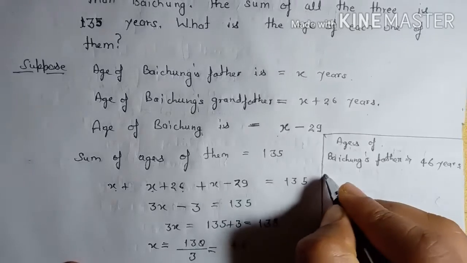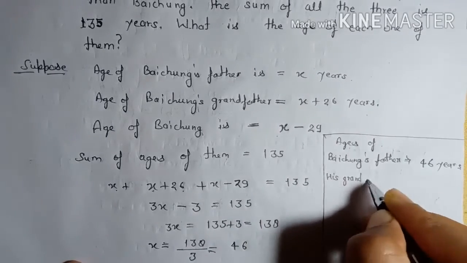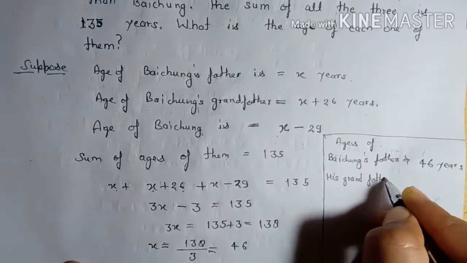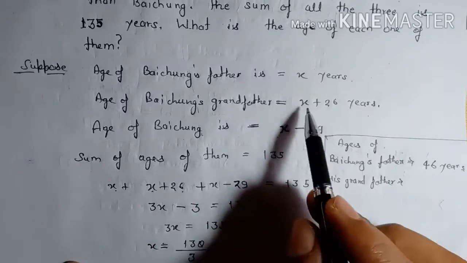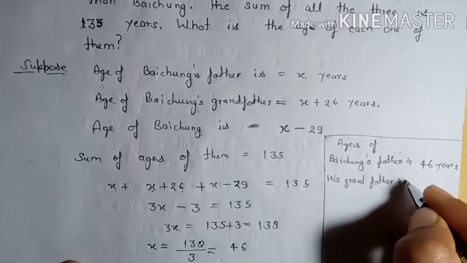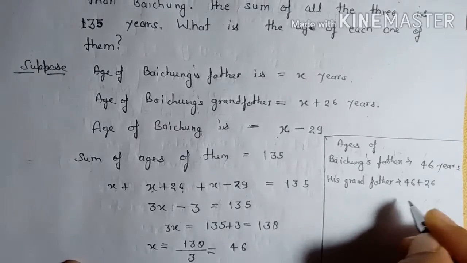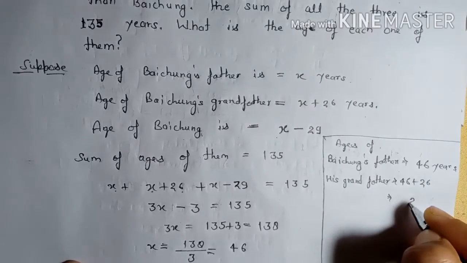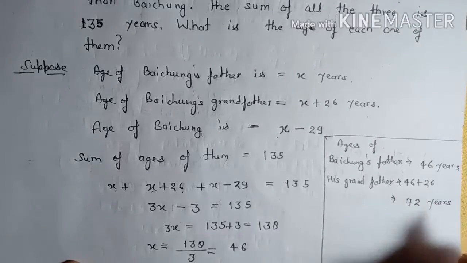And his grandfather, see, age of his grandfather is X plus 26. It means you have to add 46 and 26, and age is 72 years.